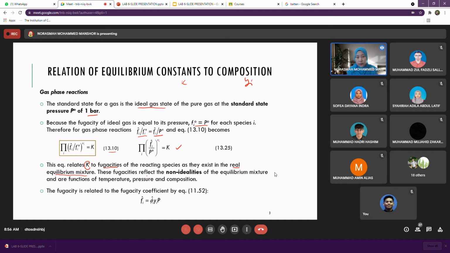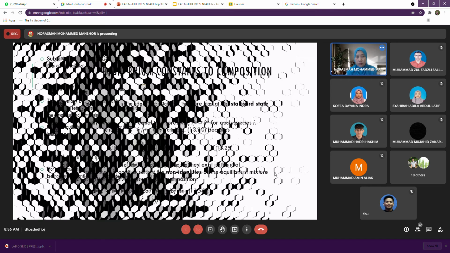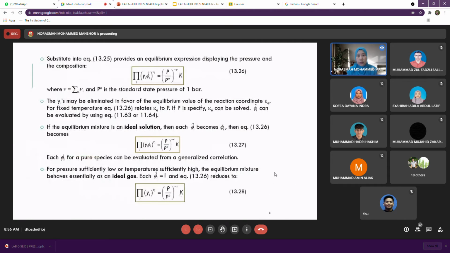These fugacities reflect the non-idealities of equilibrium mixture and are functions of temperature, pressure, and composition. The fugacity Fi cap is related to the fugacity coefficient by equation 11.52, Fi cap equal to Vi cap Yi P. Then substitute into equation 13.25.